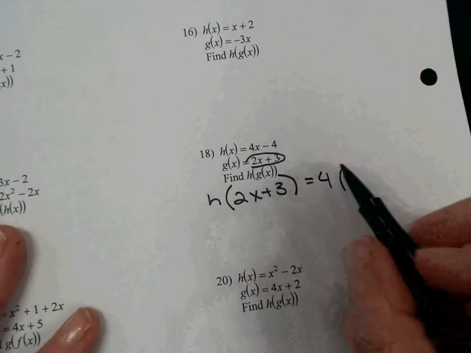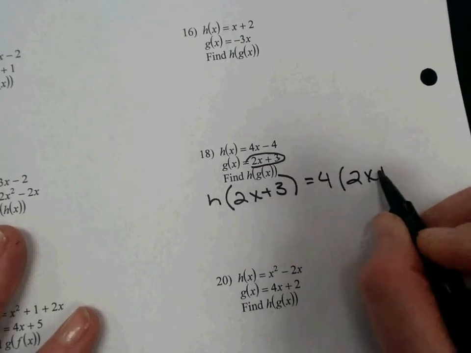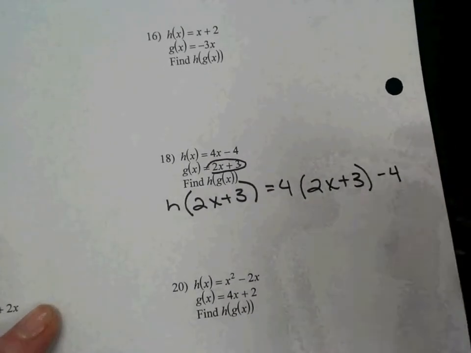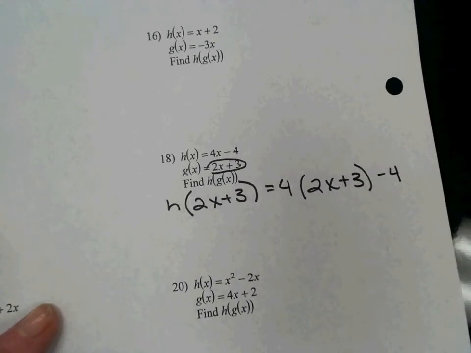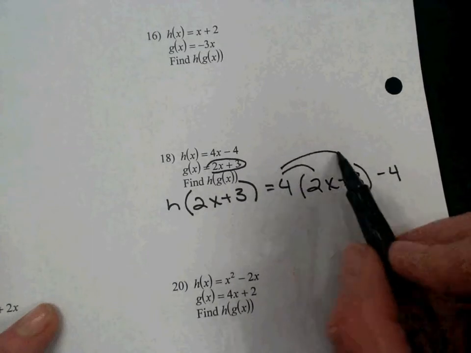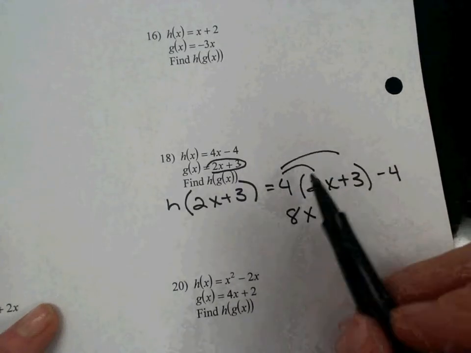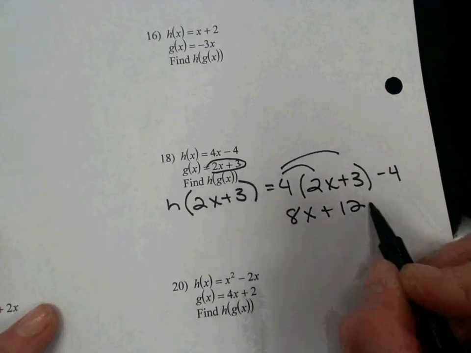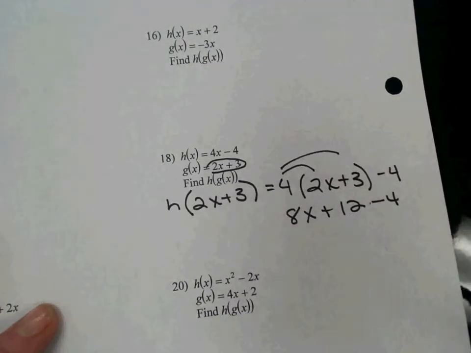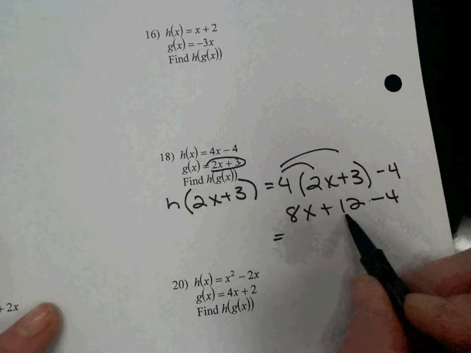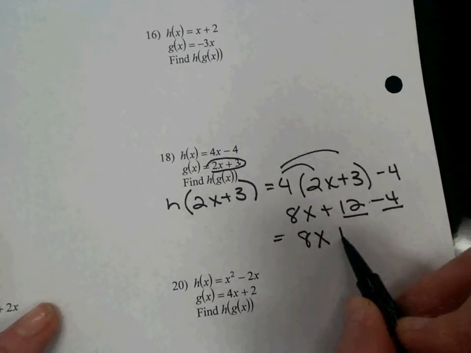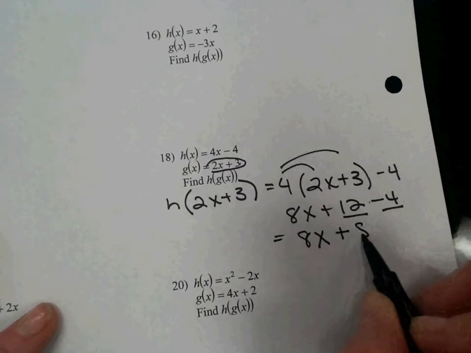Whatever I have here. So the 2x plus 3 goes in, and then minus 4. Then what? 4 times 2, so we have 8x. 4 times 3 is 12, good. And then subtract the 4. So we get 8x plus 12 minus 4 is 8.